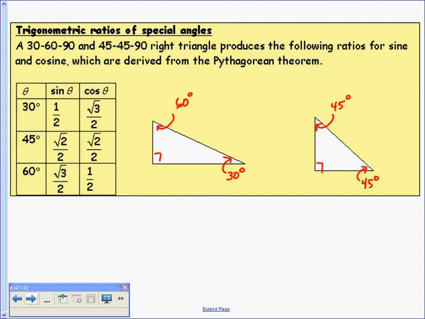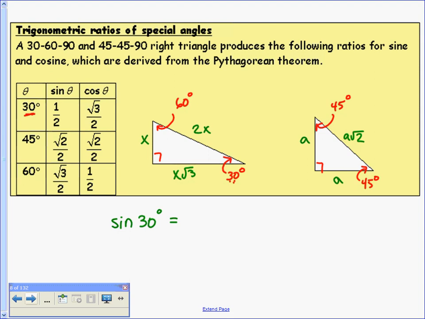Okay, so for each of those, if you're looking for the sine and the cosine, then for example, your 30-degree angle here, if you know what those side lengths are, or if you know the relationship, for example, this is x√3, and this is x, and this is 2x, and then over on the other triangle we have, let's say, a and a√2. Okay, and let's say I want to find the sine of my 30-degree angle.